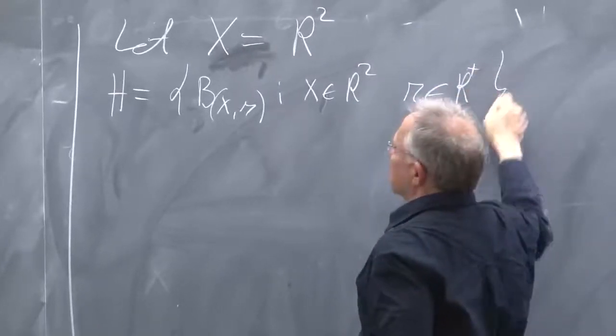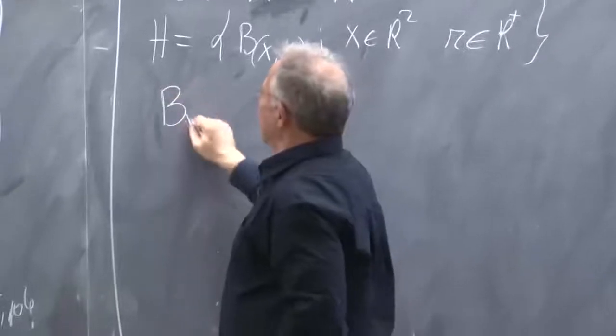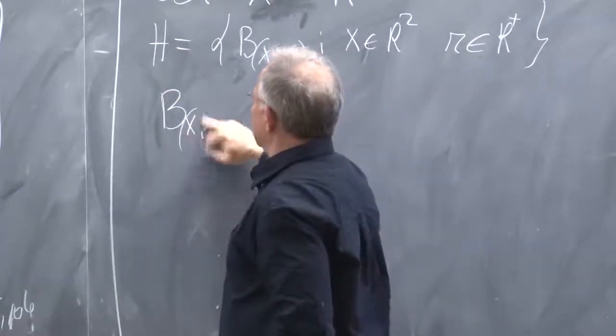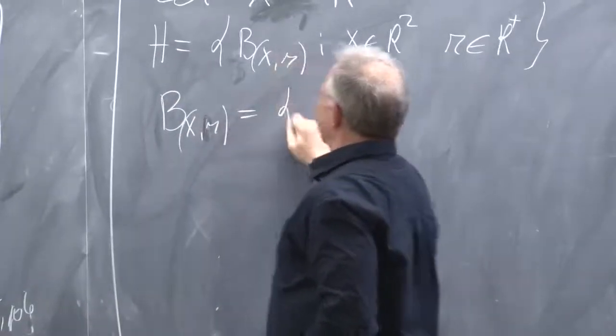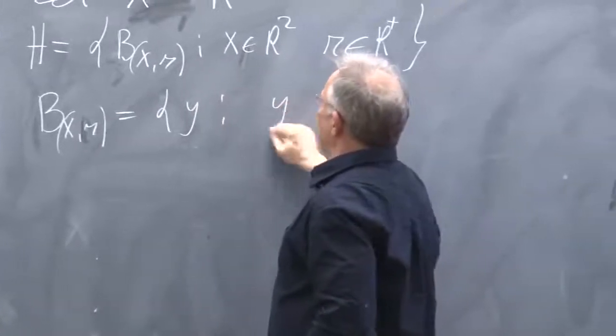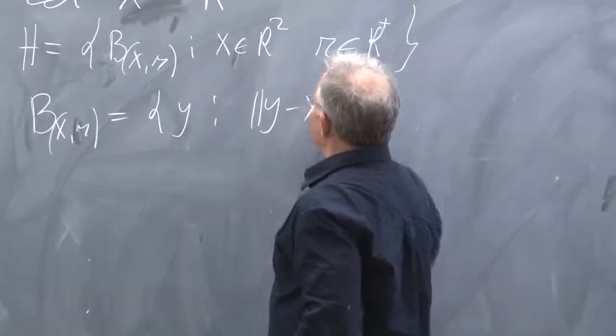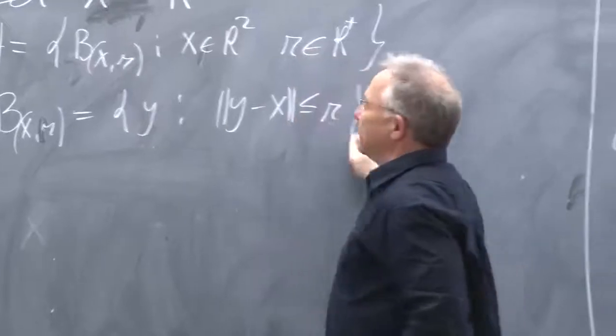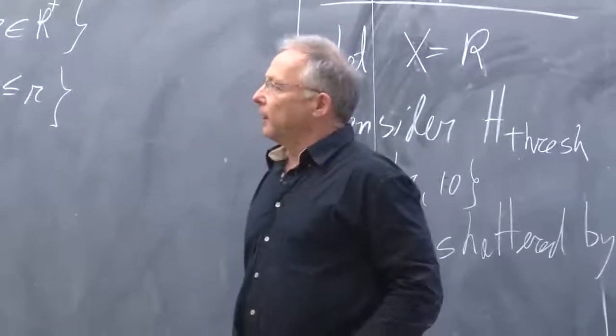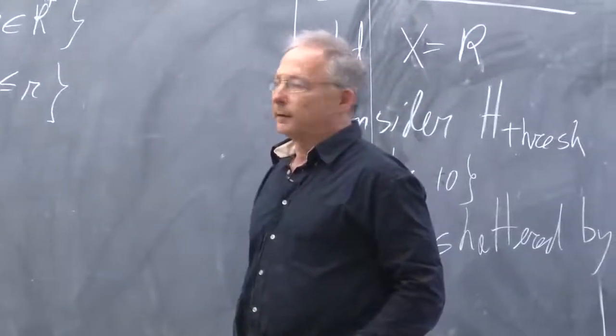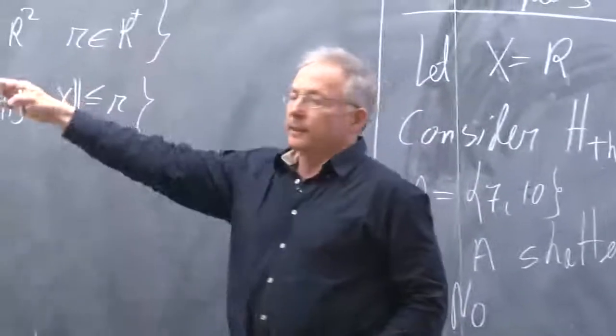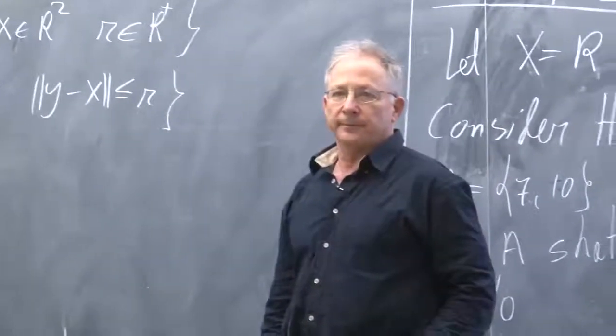So B(x,r) is the set of all y such that the norm of y minus x is at most r, the set of all balls of radius r. But I take all radiuses, so H is the set of all balls.